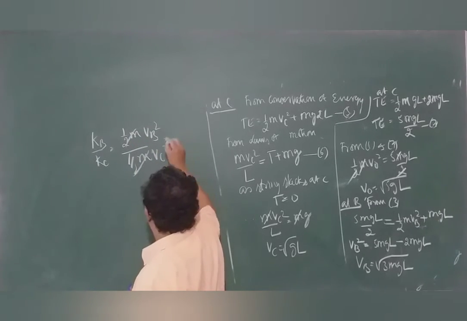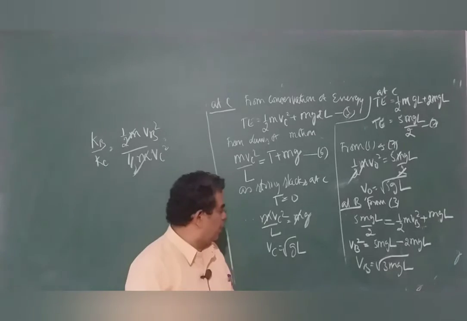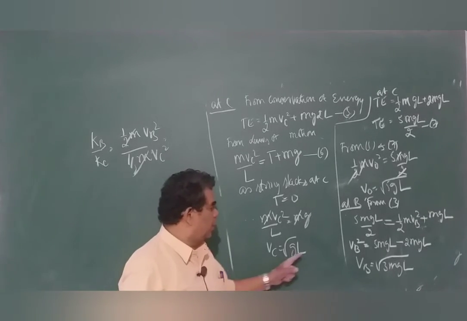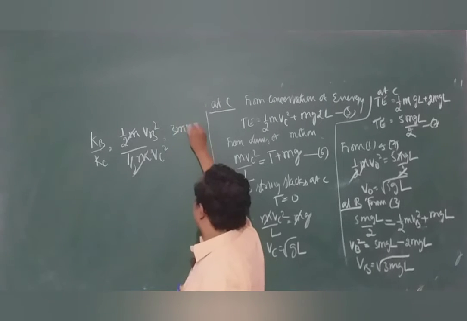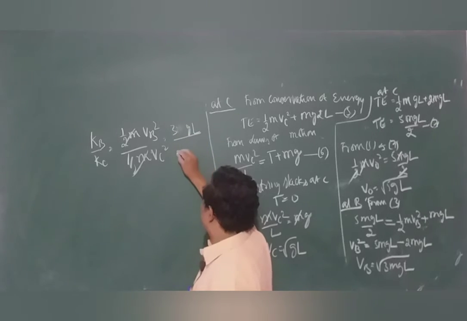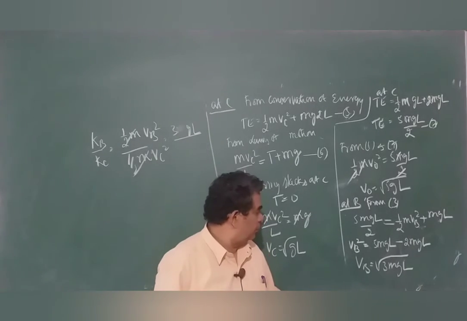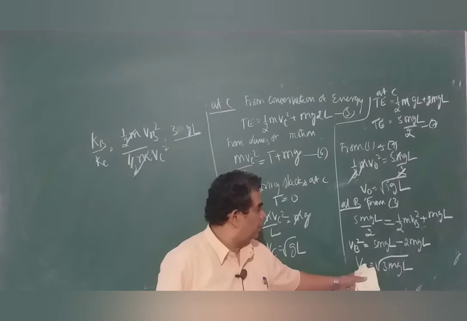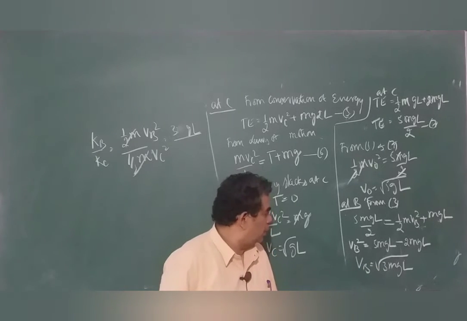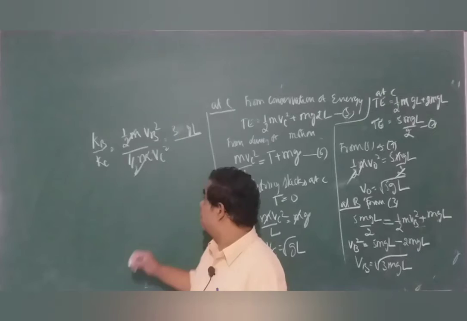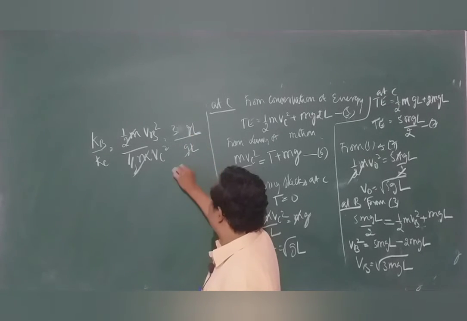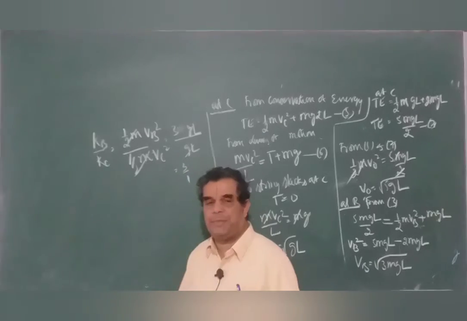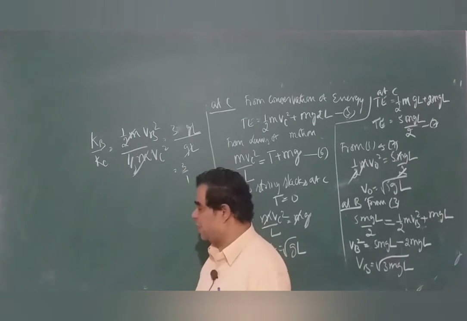Cancel these things. Vb square is 3gL, Vc square is gL. Therefore, this cancels. Kb by Kc ratio is 3:1.